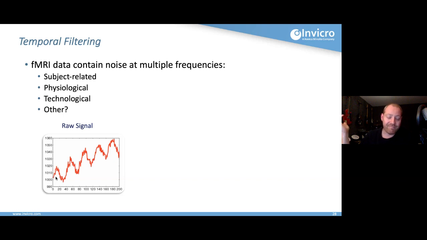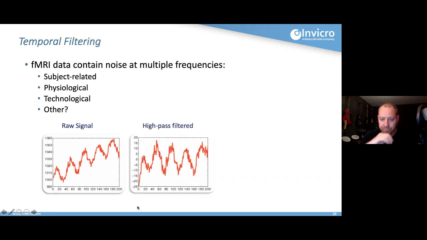That's just noise. You want to get rid of that if you can, and that's a very low frequency effect. So you can get rid of low frequencies by doing a high pass filter, which just passes the high frequencies and removes the low frequencies. So that's the same data which has been high pass filtered. We've got rid of that kind of gradual shift upwards, and everything's on the level now.